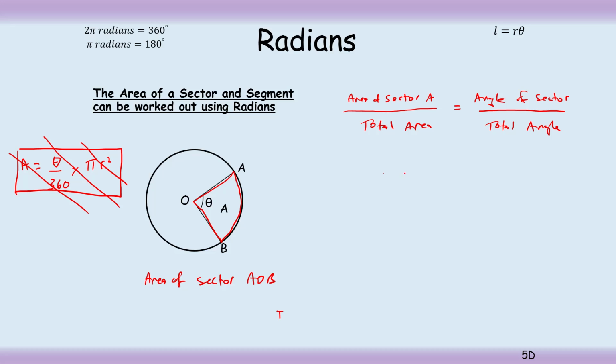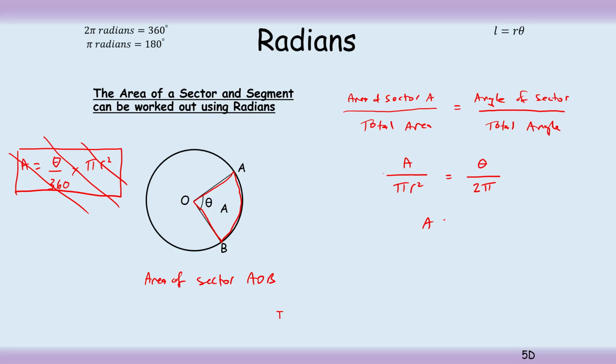So the area of the sector is A, and the total area of a circle is pi r squared. The angle of the sector is theta, and that's divided by the total angle. Now that's 360 degrees, but in radians it's 2 pi.